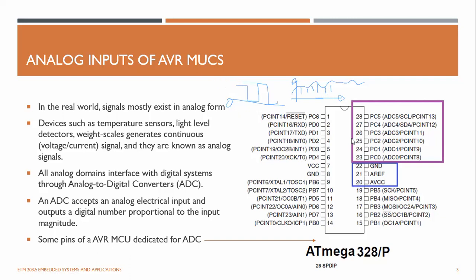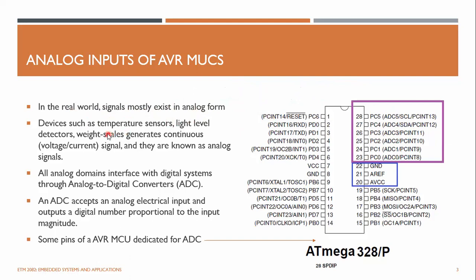So not all the pins of the ATmega microcontrollers can be used as analog. These pins are available for you to deal with the analog. Like I mentioned, in the real world, most signals exist in the form of analog, time varying with different voltages.